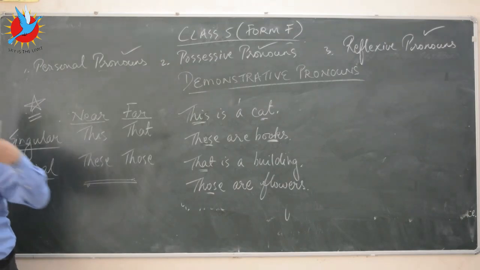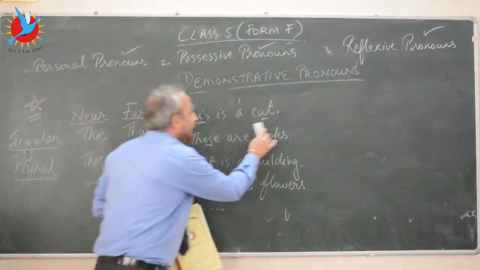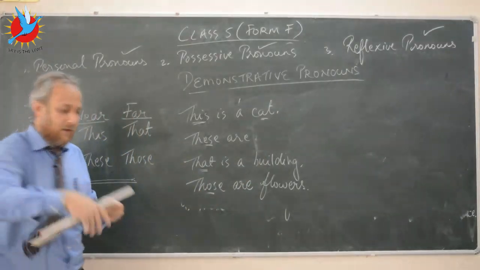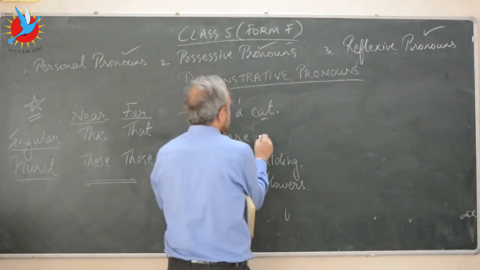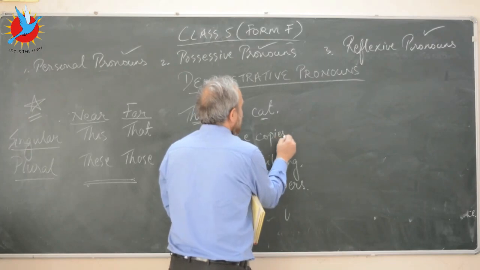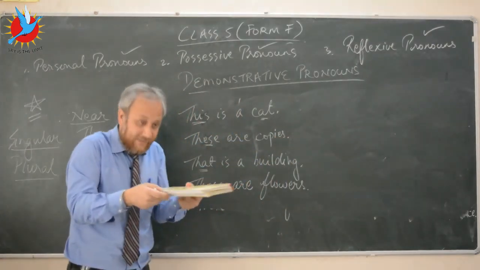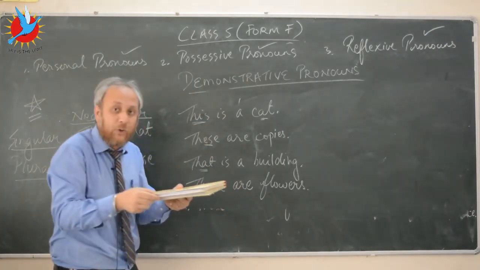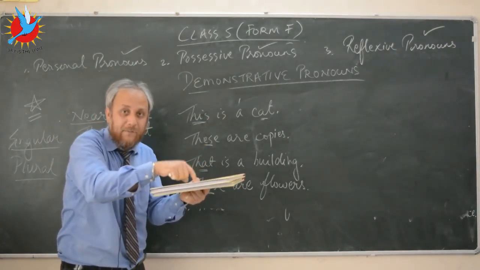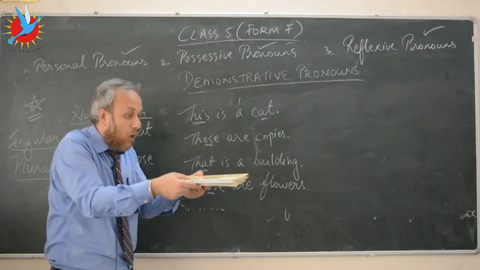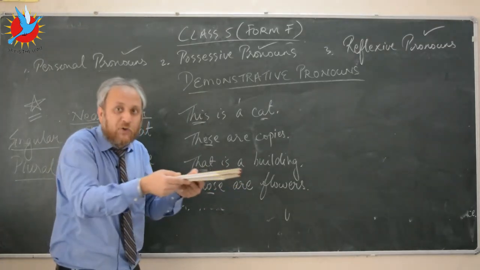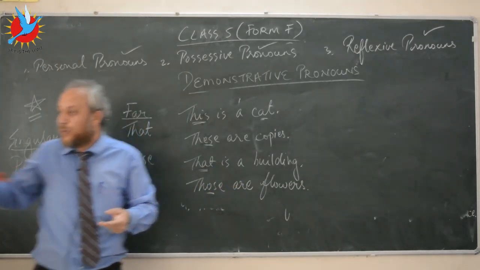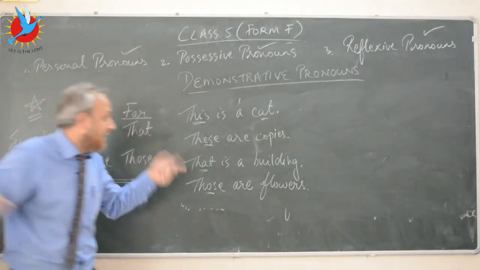Rather than write books, I can also write, let's say, these are copies. So these, plural, the demonstrative pronoun is pointing to these copies here. And these copies are close to me. So that's how you use the demonstrative pronoun these.